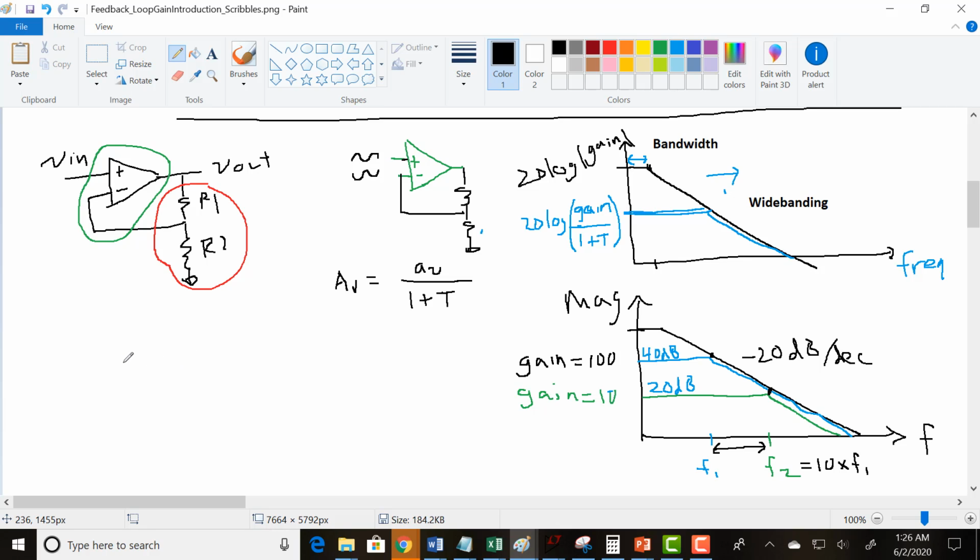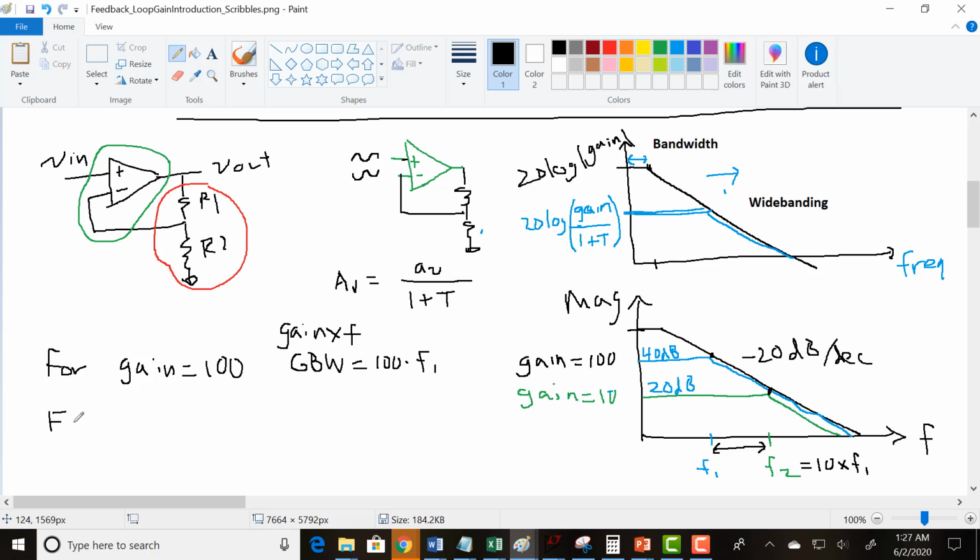So for gain equals 100, gain bandwidth, in other words, gain times your frequency, that equals 100 times F1.